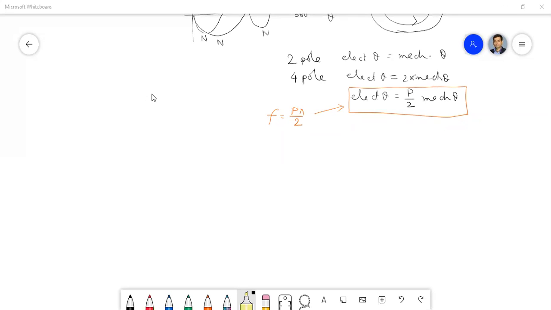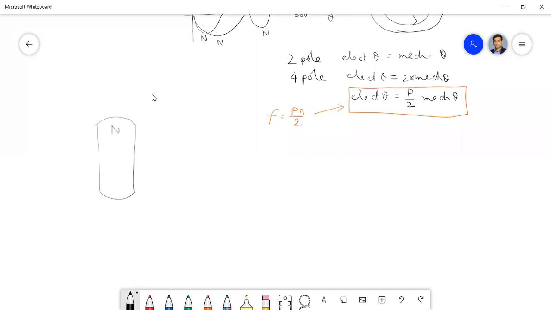Okay, no problem. Actually, that also sometimes we need. Suppose sometimes in a DC machine, you see the magnetic poles are fixed, isn't it?